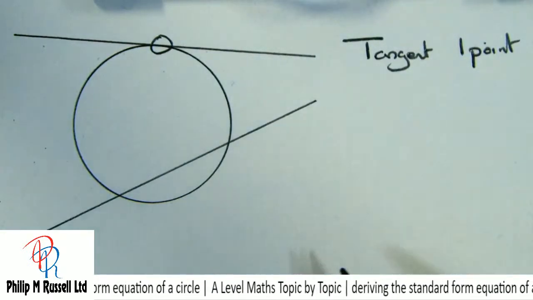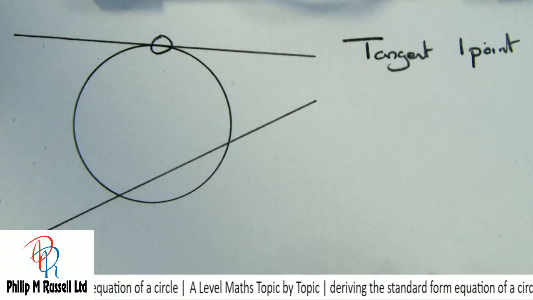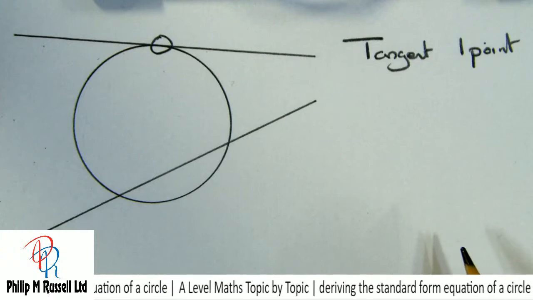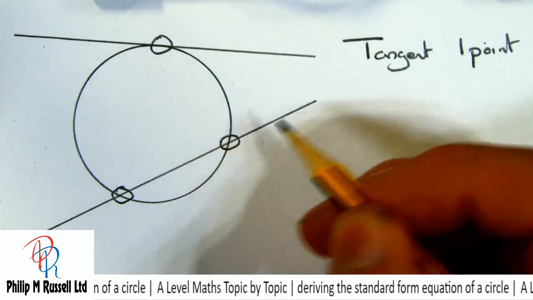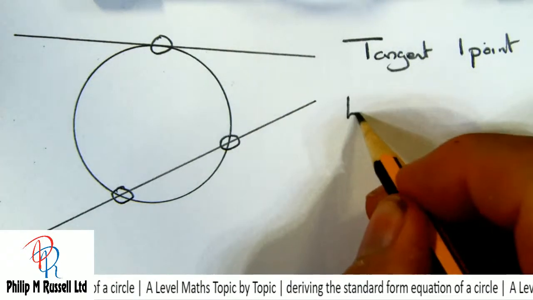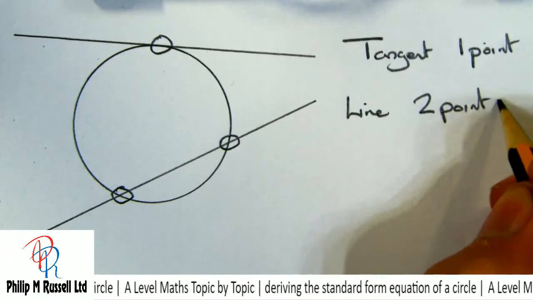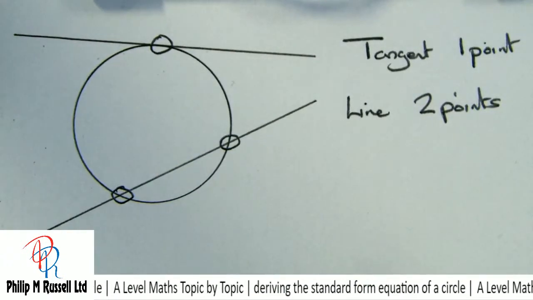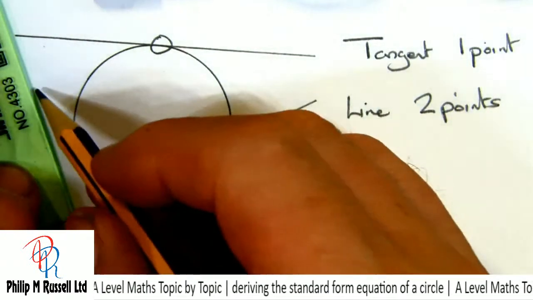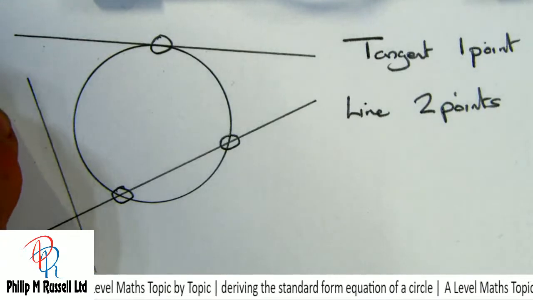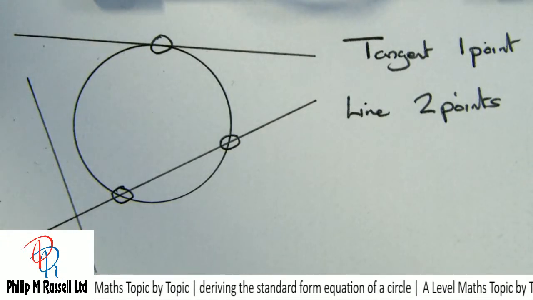If we have a line going through a circle, then it will have 2 points. And fairly obviously, but it needs stating, if I have another line and it has no points of intersection, then it just doesn't touch the circle.